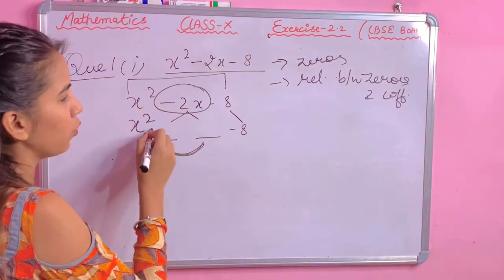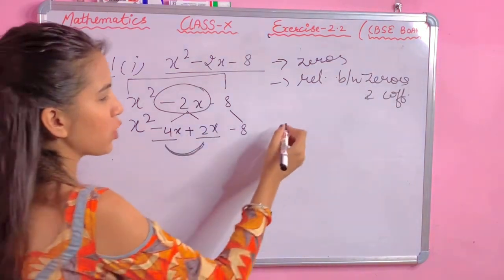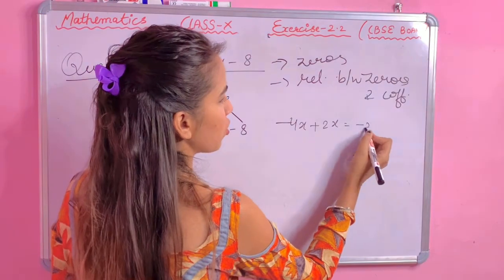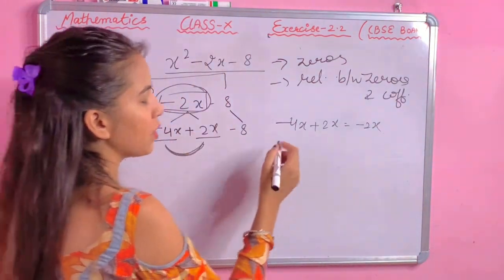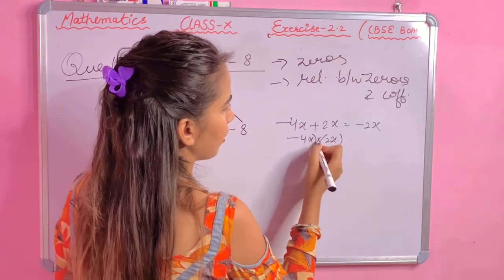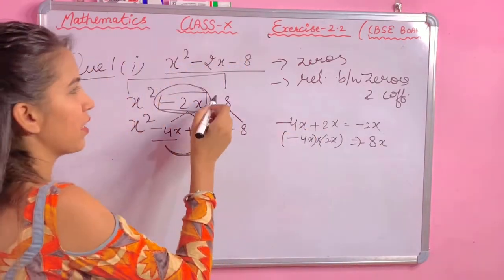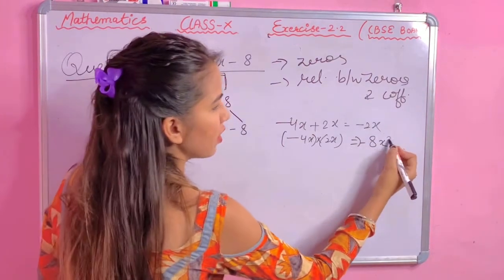Like if we do minus 4x plus 2x, by solving we get minus 2x, and here it is minus 2x only. And by multiplying minus 4x and 2x we get minus 8x square, which matches the product.